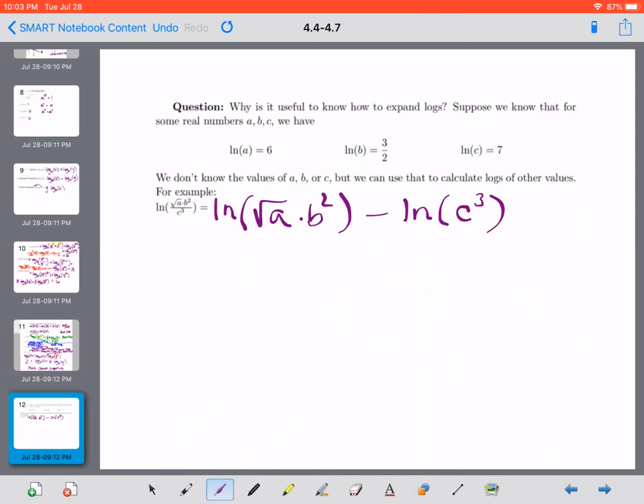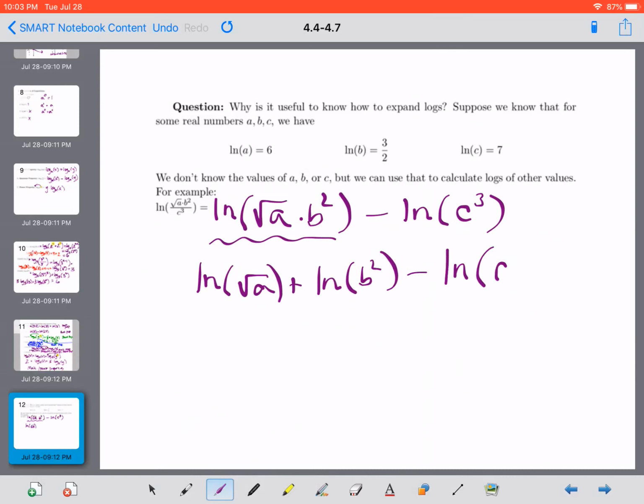Now let's break up this first log. We've got multiplication on the inside, so I can rewrite that as addition on the outside. Ln of square root of a plus ln of b squared minus ln of c cubed. Now I don't actually know the values of any of these yet, but I can get rid of the exponents.